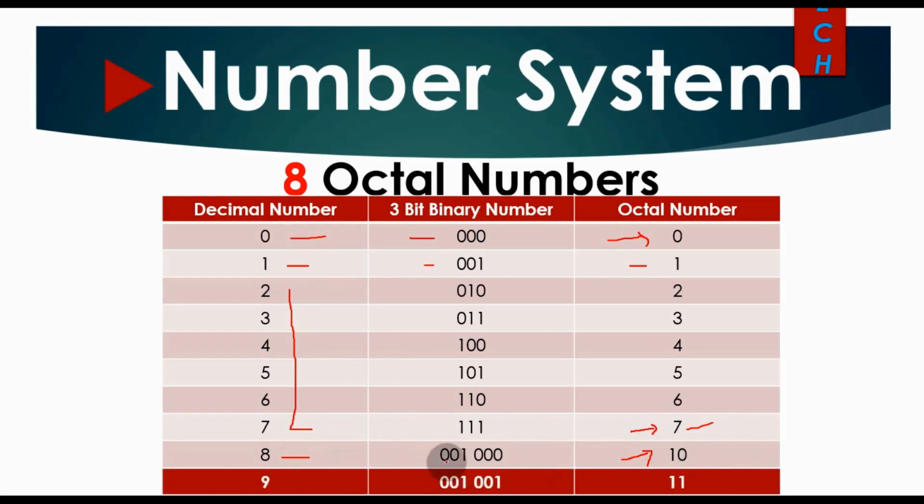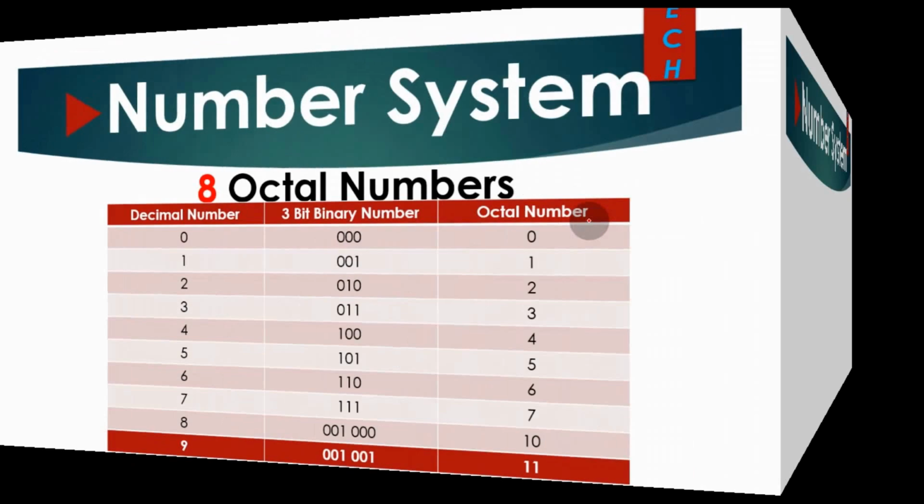For 9, the 3-bit binary is 001 001, but in octal it is 11. That is how you can see the relation between the decimal number system, the 3-bit binary number system, and the octal number system.